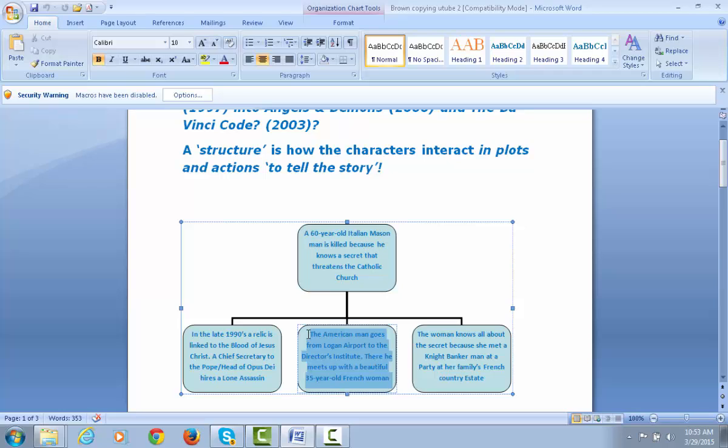The American man, who we talked about in part one that we last saw at Logan Airport, goes from Logan Airport to the Director's Institute because he was called to go there. He meets up with a beautiful French woman at the Institute.